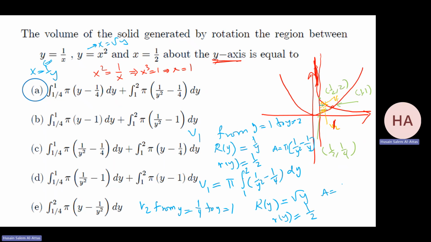So the area will be pi times y minus 1 over 4, and the volume V2 will be the integral of that. V1 plus V2, which is this one. Yeah, exactly. Okay, nice one. You have two regions.